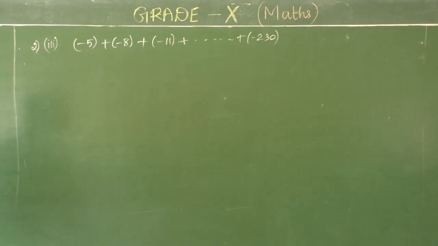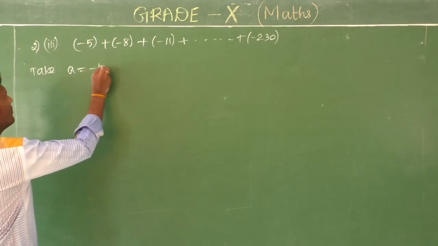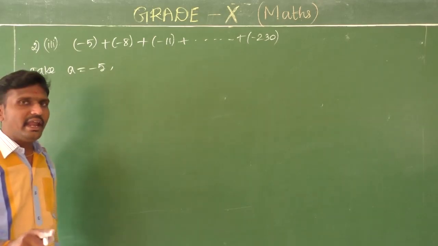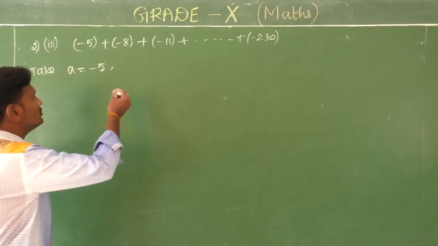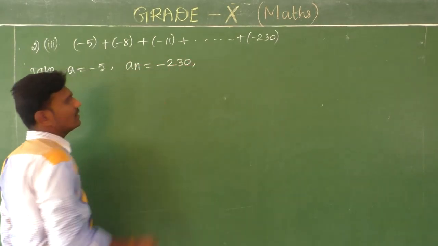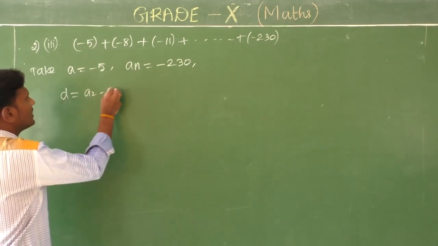Now listen. So take the terms of a. Take a equal to minus 5. And you have a last term. So last term, how to denote it? An or l. So an is equal to minus 230. Then d equal to what, student? A2 minus A1.